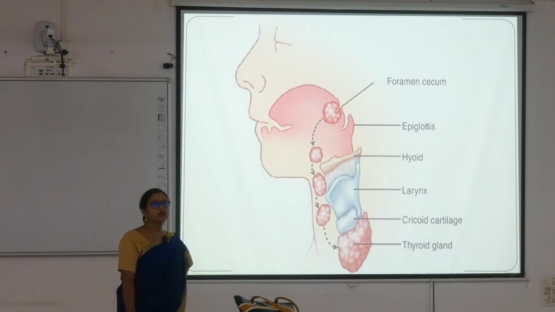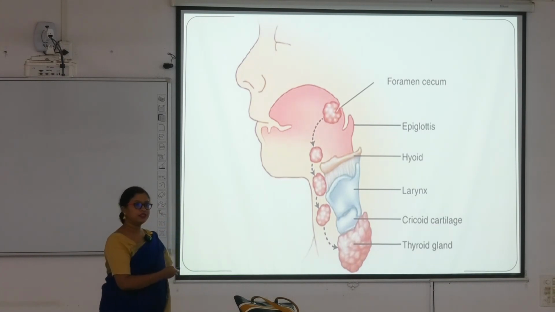Inferior to the thyroid gland, superior to the thyroid gland, or at the site of the thyroid gland? At the site of the thyroid gland. You have to elevate the thyroid gland. At the site of the thyroid gland, you have to do tracheostomy.